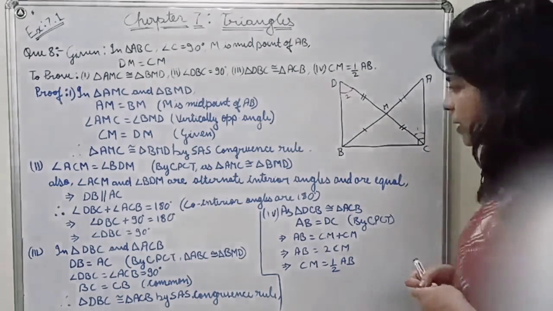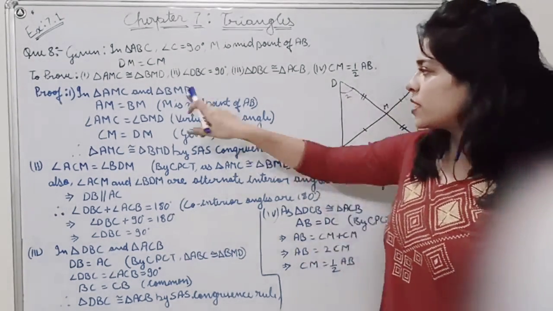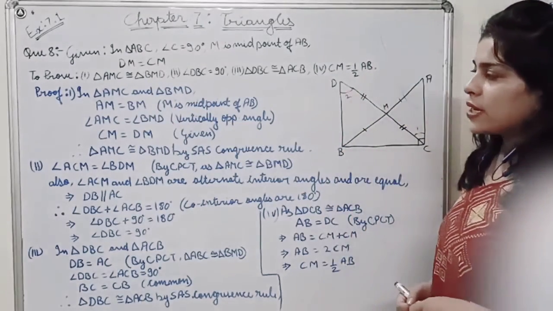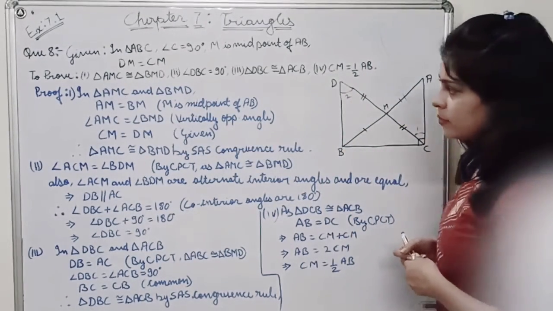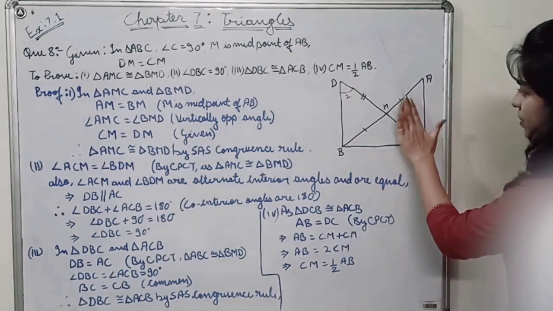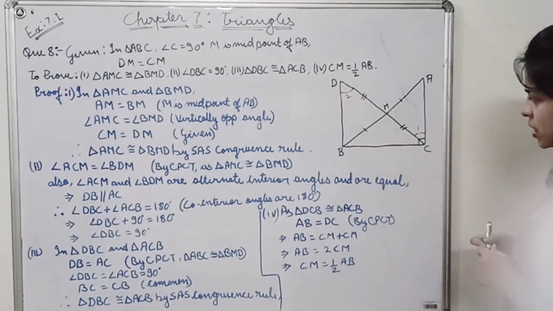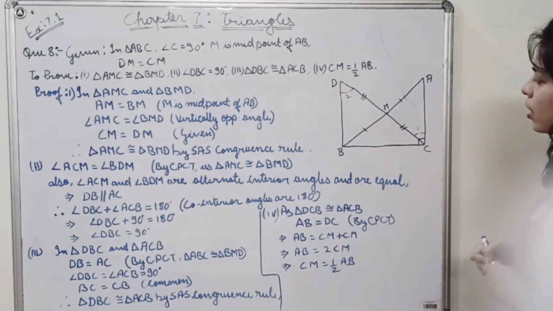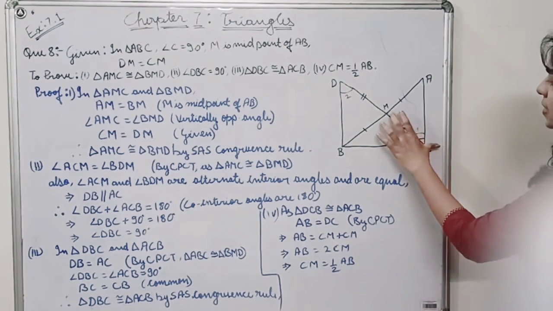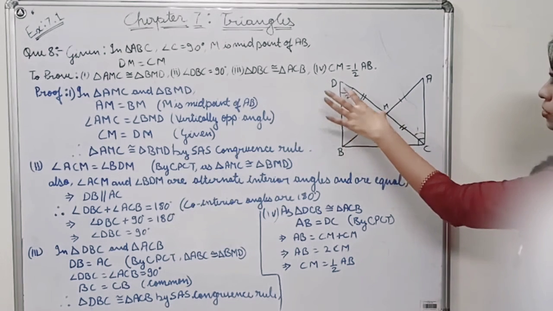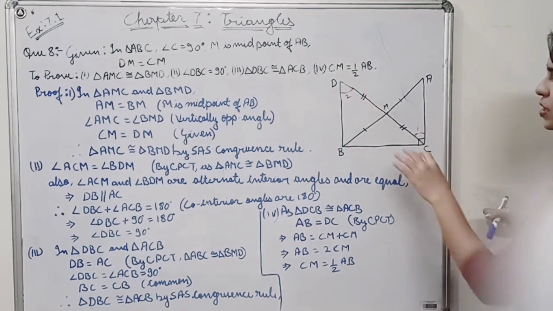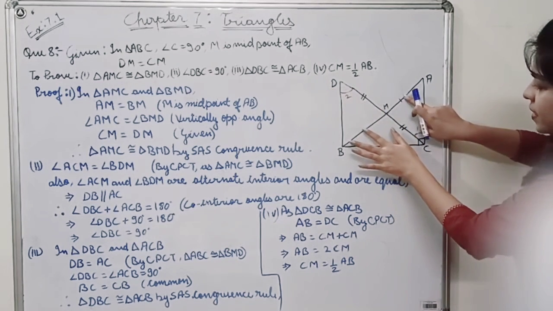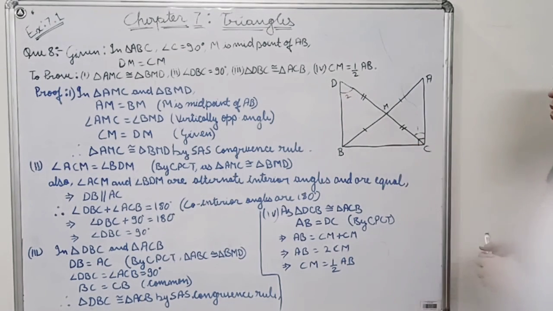Okay. Now, see the first thing we have to prove: triangle AMC congruent to triangle BMD. In triangle AMC and triangle BMD, if you see, AM is equal to BM, and CM of this triangle is equal to DM of this triangle. Means two sides: this side is equal to this side and this side is equal to this side.